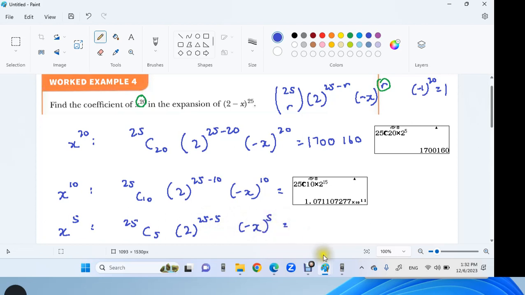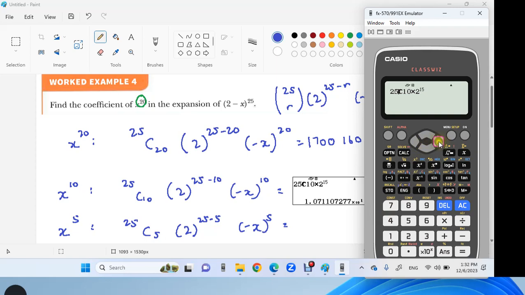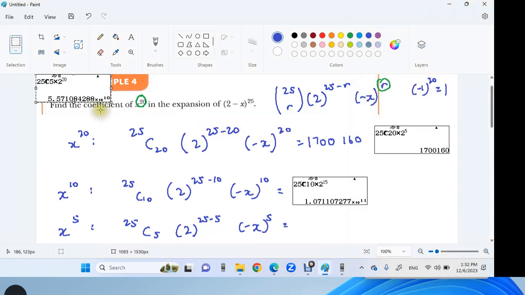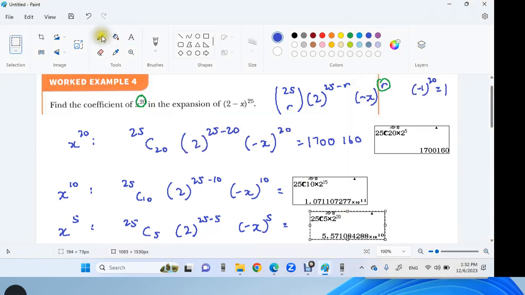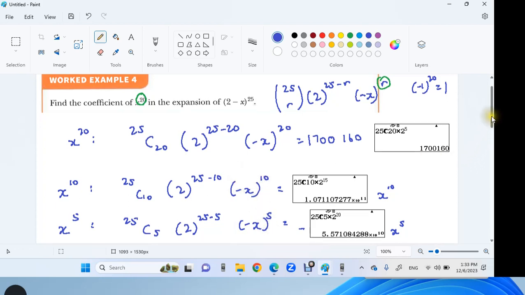It will be a very large value also, 25C5 2 to the power of 20. So it will become negative x power 5. Why is it negative? Because negative 1 to the power of 5 is negative. Negative 1 to the power of 10 is positive.